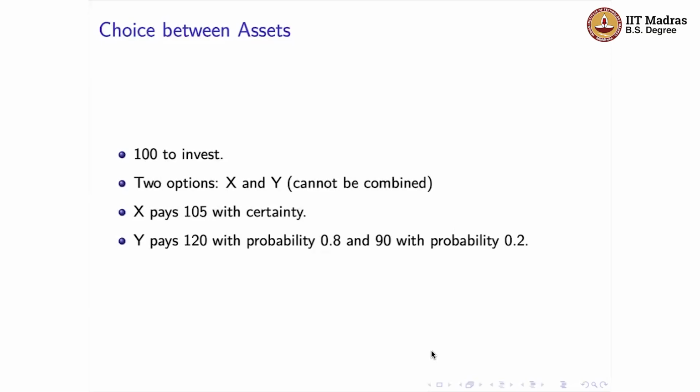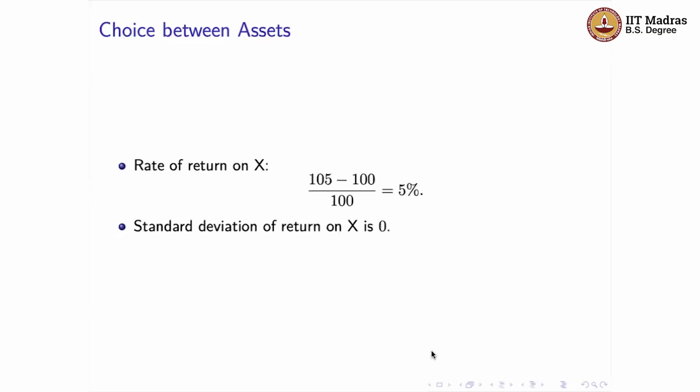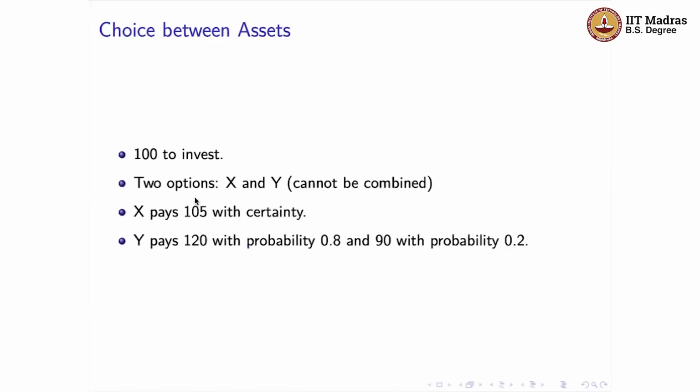That would be the next question to ask. What's the rate of return on X? Well, it's 105 minus 100 divided by 100, so 5%. And the standard deviation of return on X is 0. Why is it 0? Because it's going to pay 105 with certainty, so 5% with certainty. There's no uncertainty about how much you are going to get from here.